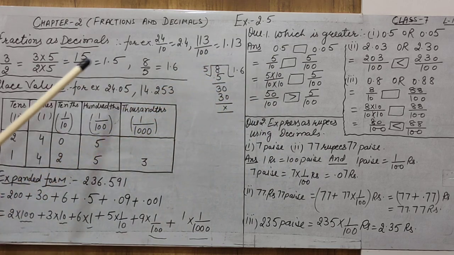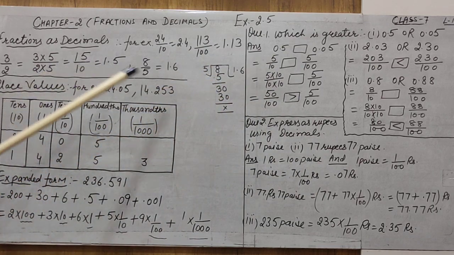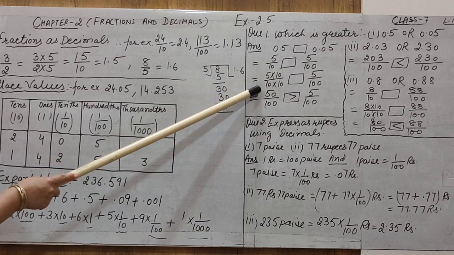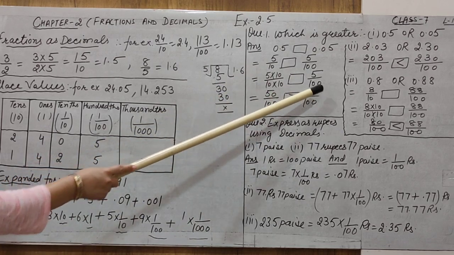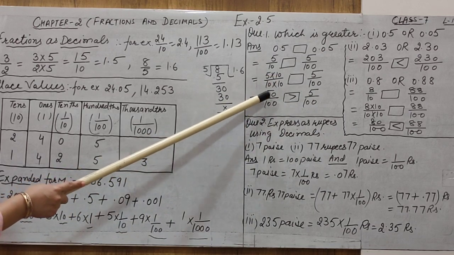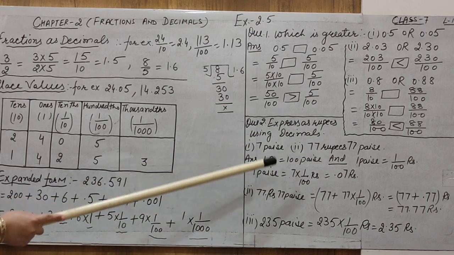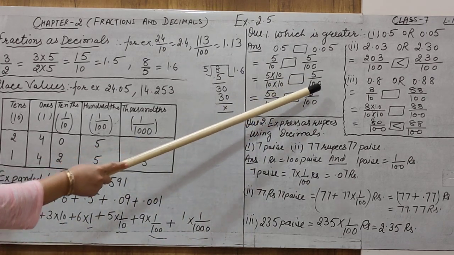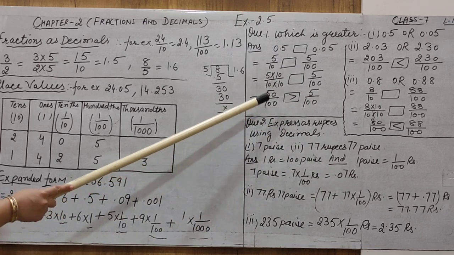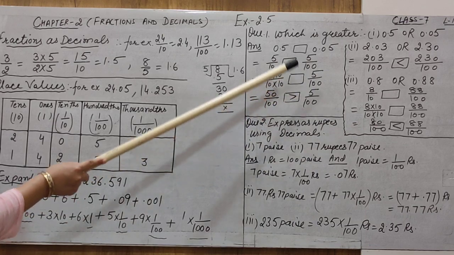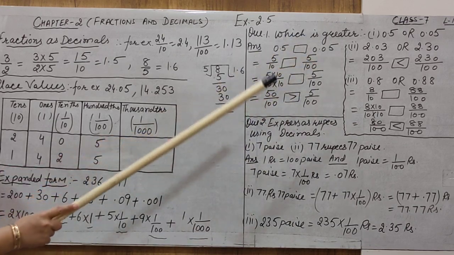So by using the equivalent fraction property, multiply numerator and denominator by 10 to make the denominators the same. By this we get numerator 50 and denominator 100. And in the second term, 5 divided by 100. Now we have to compare 50 by 100 with 5 by 100, not 0.5 and 0.05.